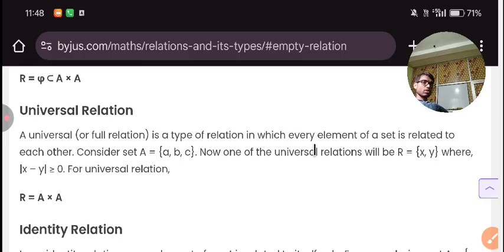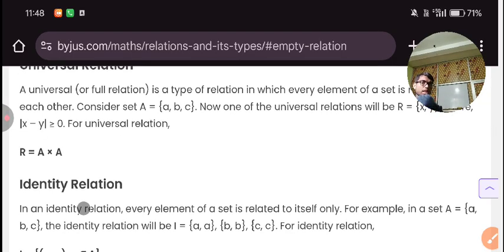Now one of the universal relations would be (x, y), where x minus y is equal to 0 or less than or greater than 0. For universal relation, R is equal to (a, a).